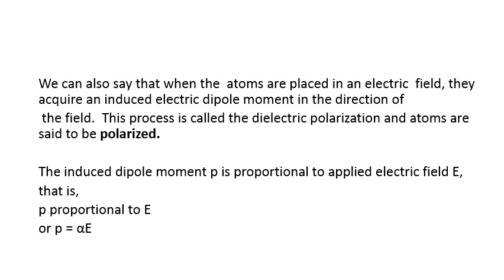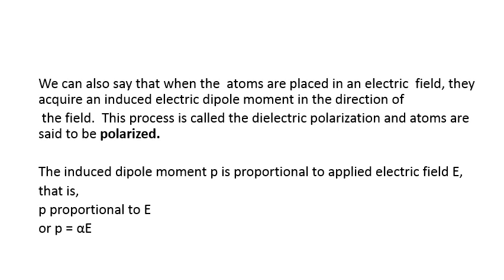This process is called polarization, and the atoms are said to be polarized. The induced dipole moment is proportional to the applied electric field E, so P is equal to alpha E.